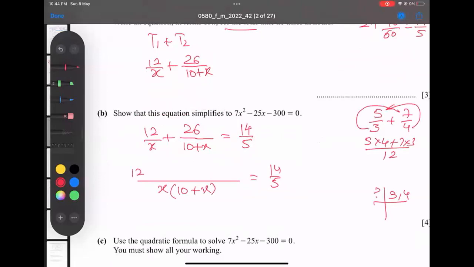So 12 times 10 plus x and plus 26 times x. So 12 times 10 is 120, and 12x plus 26x, and this 10x plus x squared over 14/5. Now I'm going to do, wait a minute.